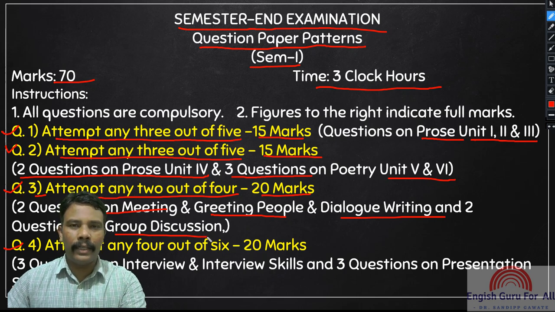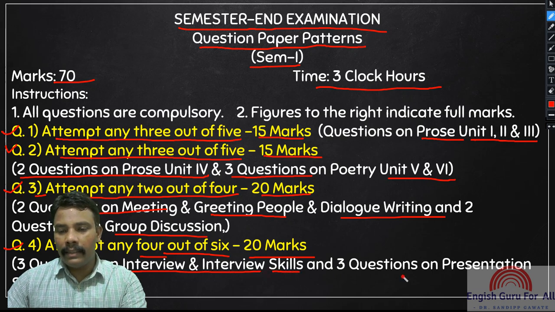So this is related to section number 3, that is communication and life skills. Question number 4 is attempt any 4 out of 6. So 6 questions will be asked and the students have to solve any 4. This question will be for 20 marks, with 3 questions on interview and interview skills, and 3 questions on presentation skills.